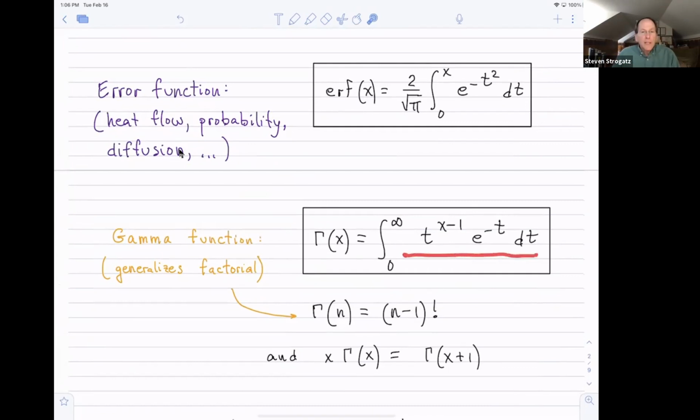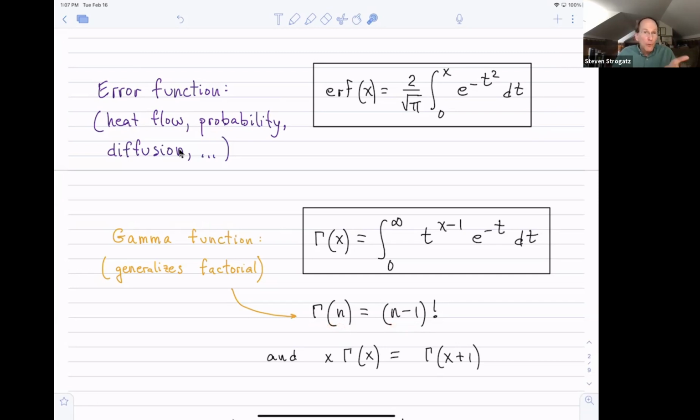This interesting object was invented by Euler, or maybe discovered, depending on your philosophical point of view about these things. But what's so interesting about the gamma function is that it's a nice generalization of the ordinary factorial function for integers. So if you plug in a positive integer n, gamma of n will be just ordinary n minus 1 factorial, it turns out.